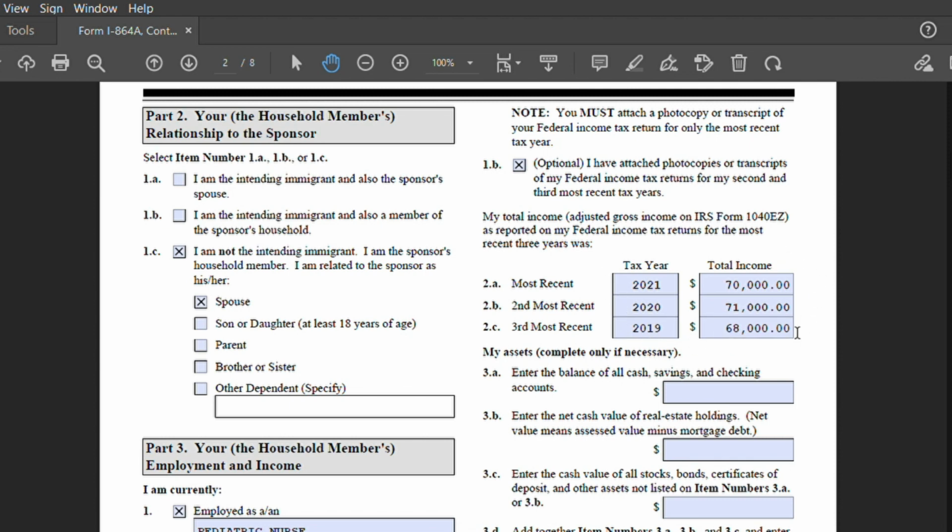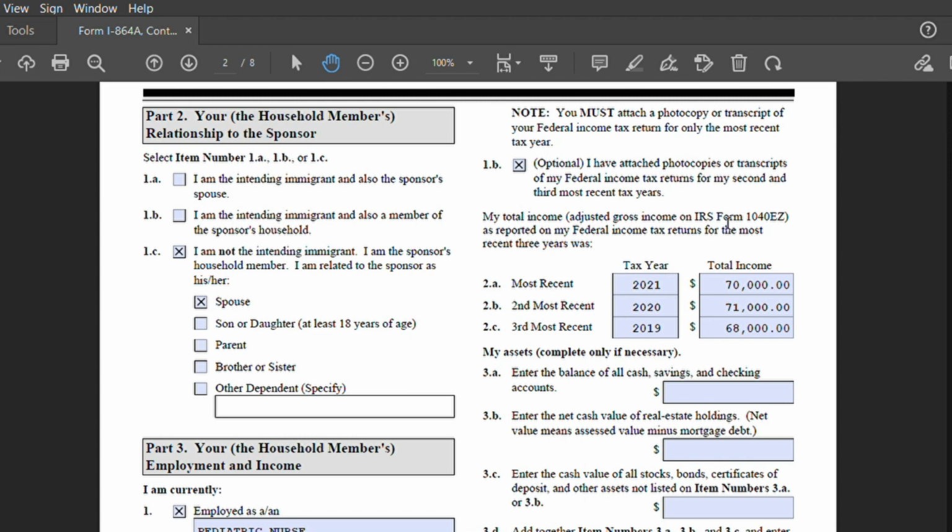I frequently get a question, especially right now, if the sponsor or the household member haven't yet filed the 2021 tax returns, should they be writing their most recent year as the tax year 2020? Well, technically, because the taxes are not due yet, meaning that I believe April 15th is the due date, right?